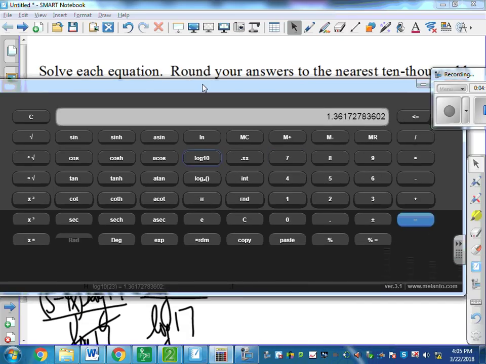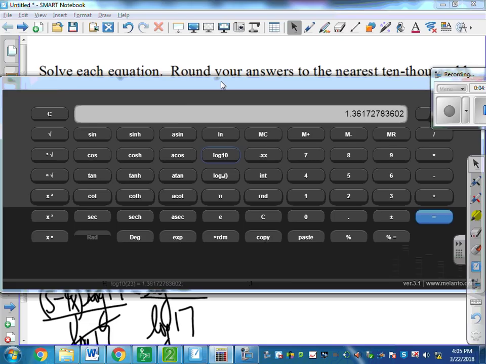We get that decimal. All right, who cares what that decimal is? It doesn't matter because it's going to change in a minute anyway. Divided by log 17, because that's what's in the downstairs. So 17 log, and what I need to do now to find the overall value is hit equals.